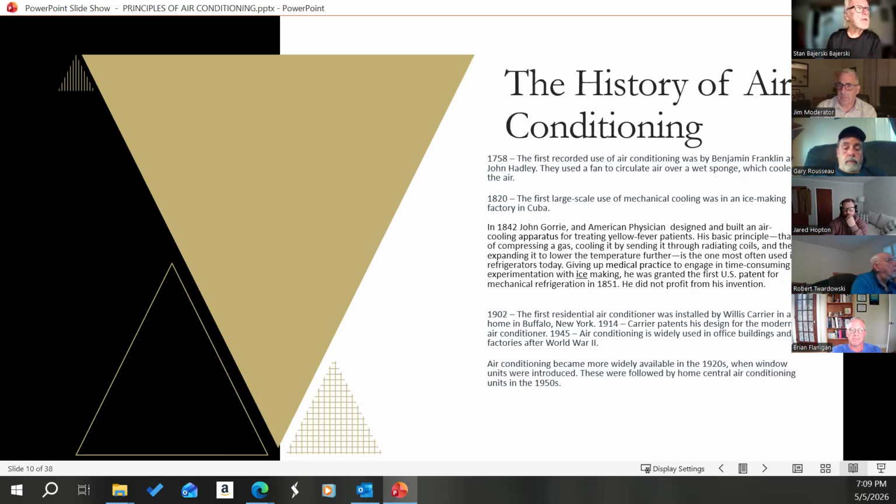His basic principle of compressing a gas, cooling it by sending it through radiating coils, and then expanding it to a lower temperature is one of the most often used in refrigerators today. Giving up medical practice to engage in the time-consuming experimentation with ice making, he was granted the first U.S. patent for mechanical refrigeration in 1851. He did not profit from his invention.